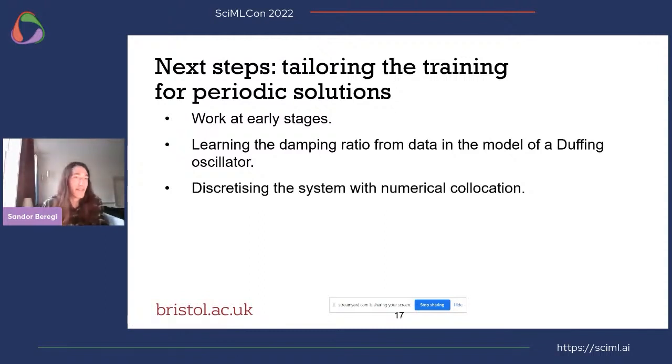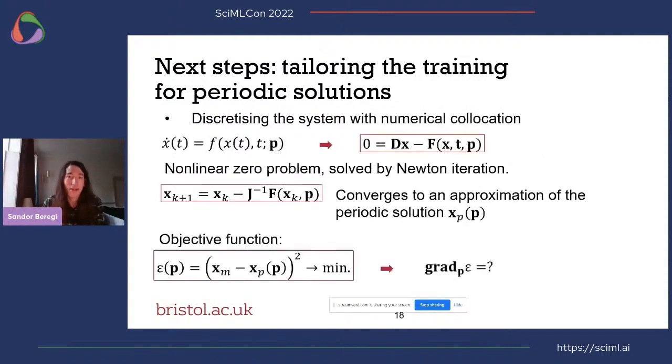I can see I don't have too much time, so I will just try to show the results and wrap this up quickly. I have a very simple example of this using the technique of numerical collocation.